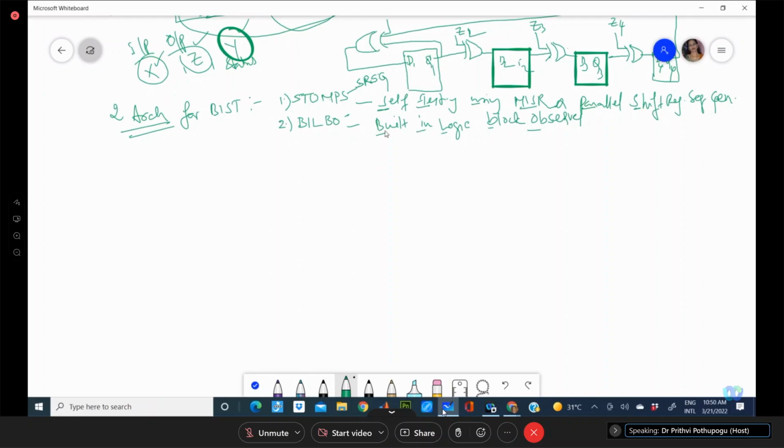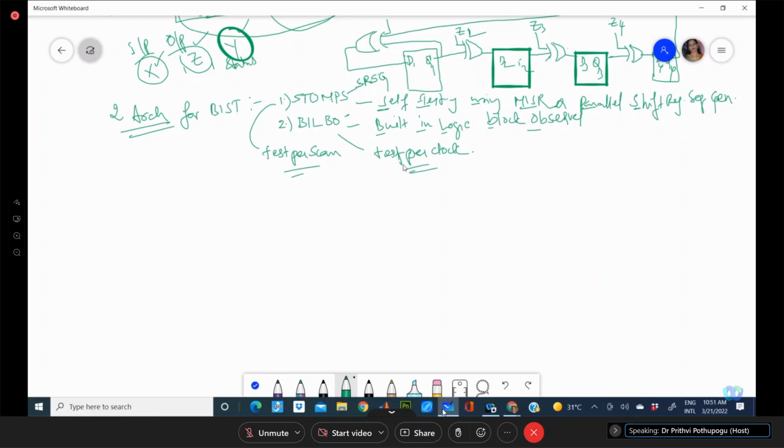So these are the two architectures we have. The first architecture, STUMPS, is called the test per scan architecture, and BILBO is called the test per clock architecture. What is this? We'll see.